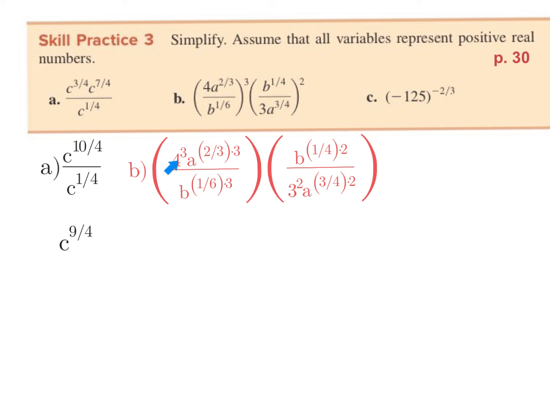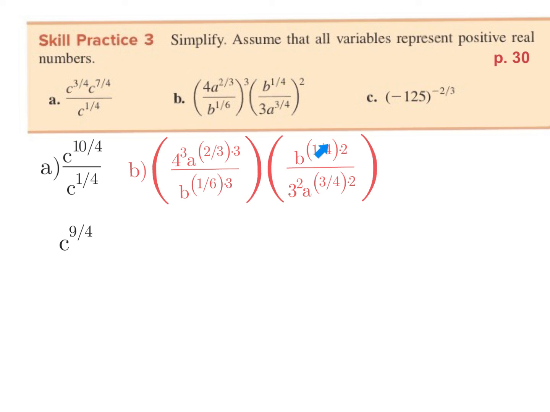What is 4 to the 3rd? 64. 2/3 times 3. It is 2. 1/6 times 3. 1/2.